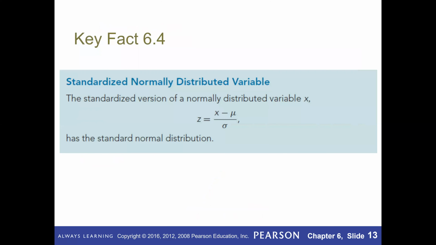Here we see that Z is what we call the standardized version of the normally distributed variable X. It's standardized because we shift it. This is a formula to standardize any regular normal distribution family member to a standard normal distribution.